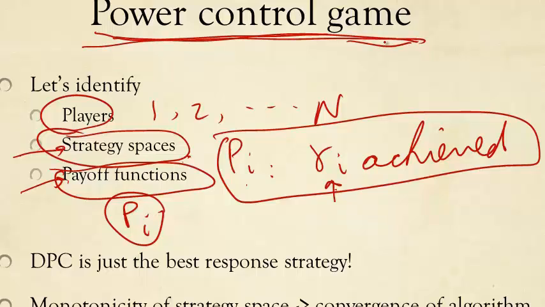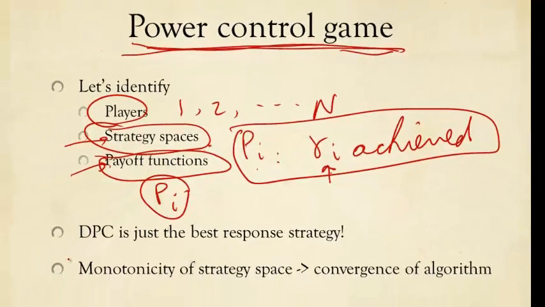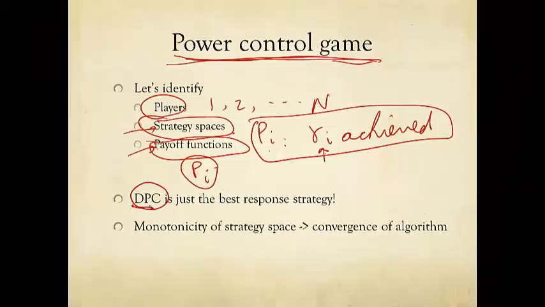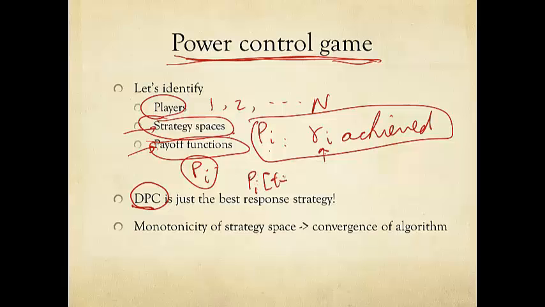And here are two simple but important facts. Fact number one, you can easily verify for yourself, is that the DPC algorithm, what is the algorithm again? It says that the transmit power for each transmitter i at time t plus 1 is the current transmit power times the ratio between the target SIR and the current SIR at time t.